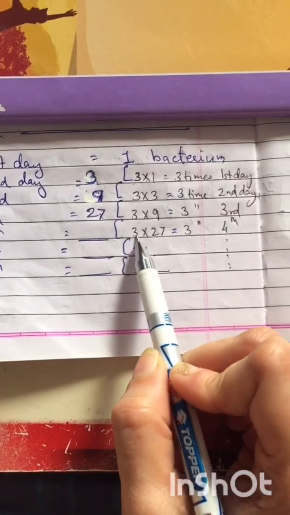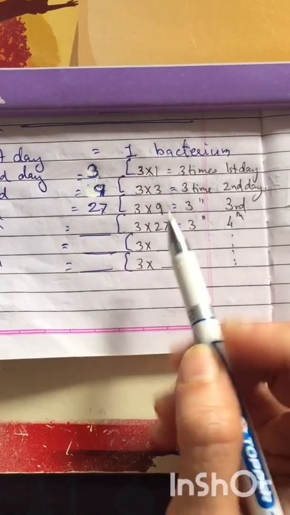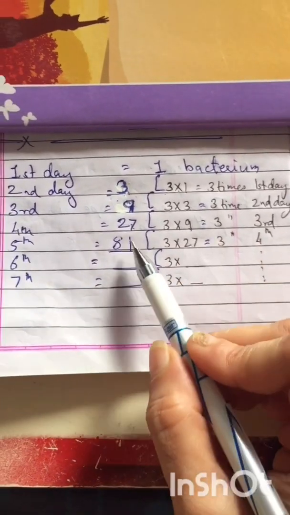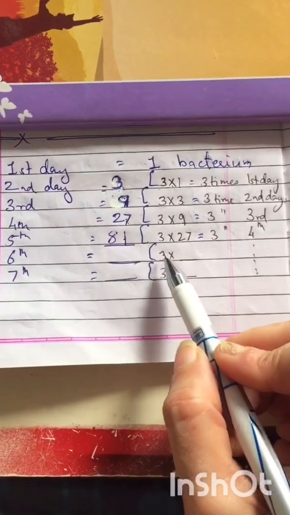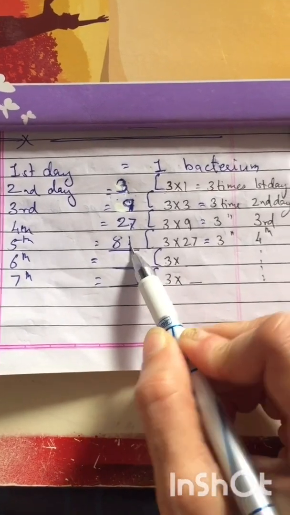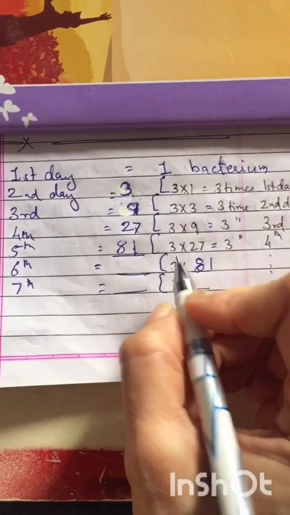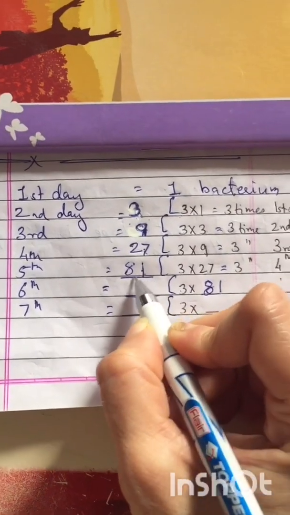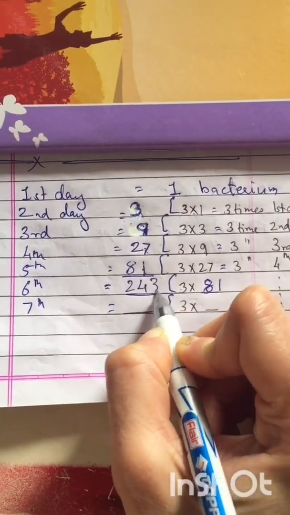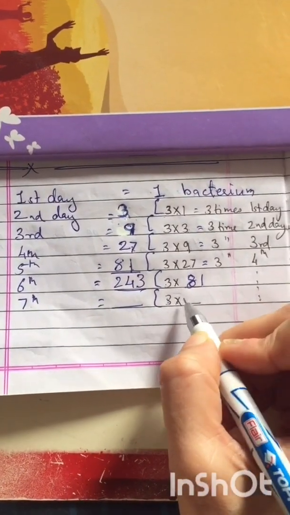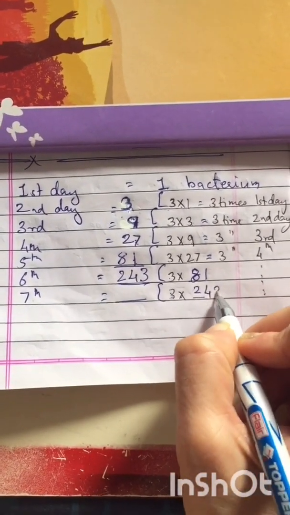So 3 into 27, that will be 81. So again on the sixth day it will be 3 times the previous day. So 3 into 81, and that will be 243. So again on the 7th day it will be 3 into the previous day.